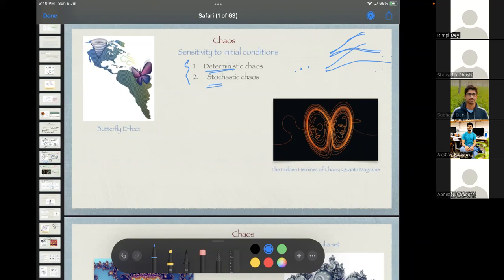He was observing that with that model. That's why the butterfly effect term is there.